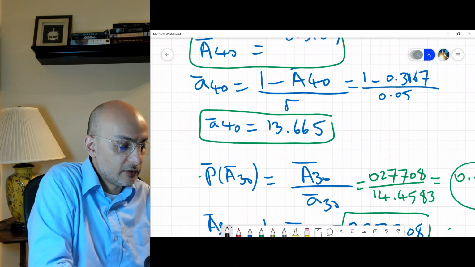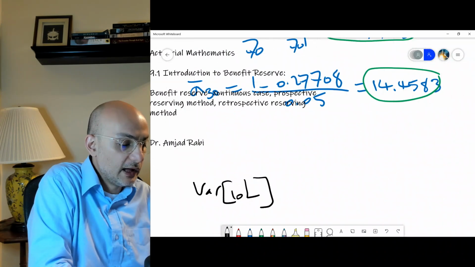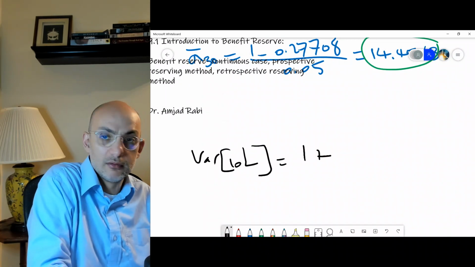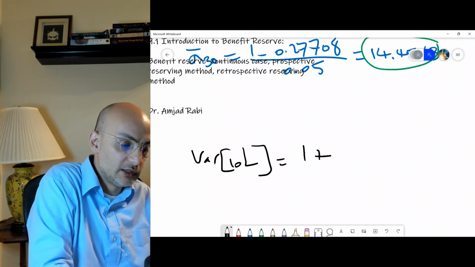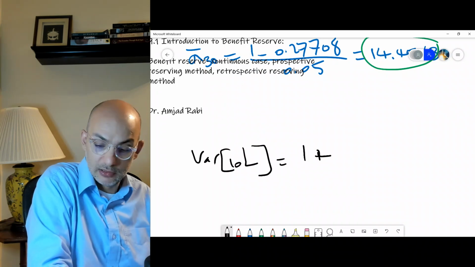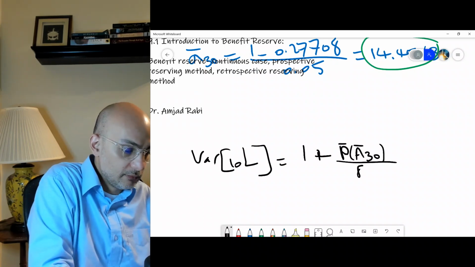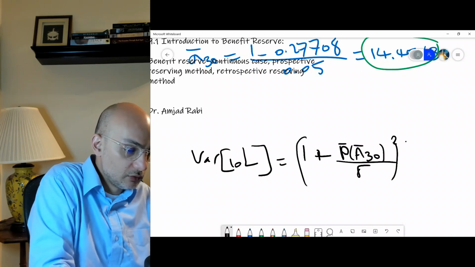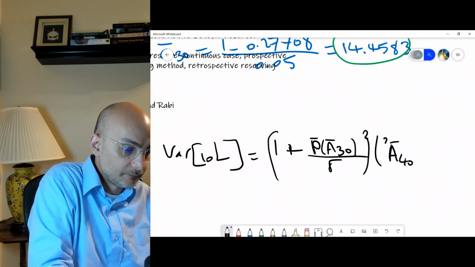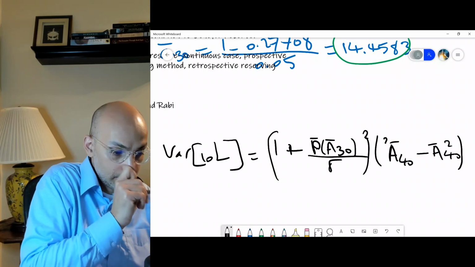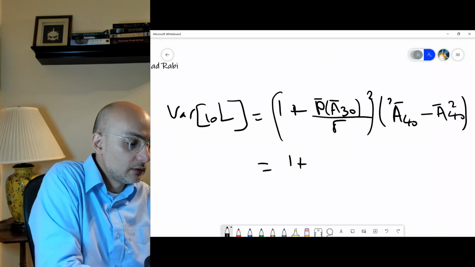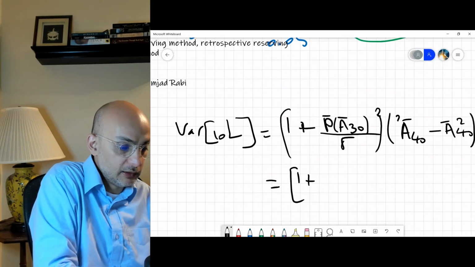We just plug in the rule, which is 1 plus, remember, it's the same one we did before, you have P, whatever at time of issuance, and then delta, you raise it to 2, and then you have 2A40 now, minus A40 squared.